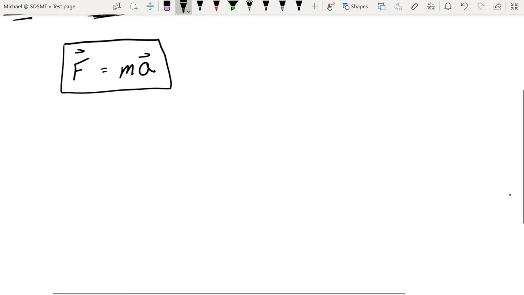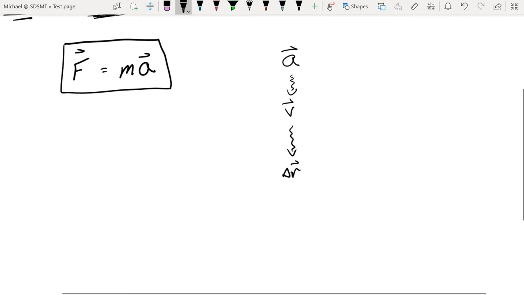And now we know that if we apply a force to a mass, that mass will begin to accelerate. And once we know the acceleration of a given object, we can take that information to learn about how the velocity of that object will behave and how the displacement of that object will behave. So here I'm going to write this displacement as delta r, because we are now considering 2 and 3D vectors.